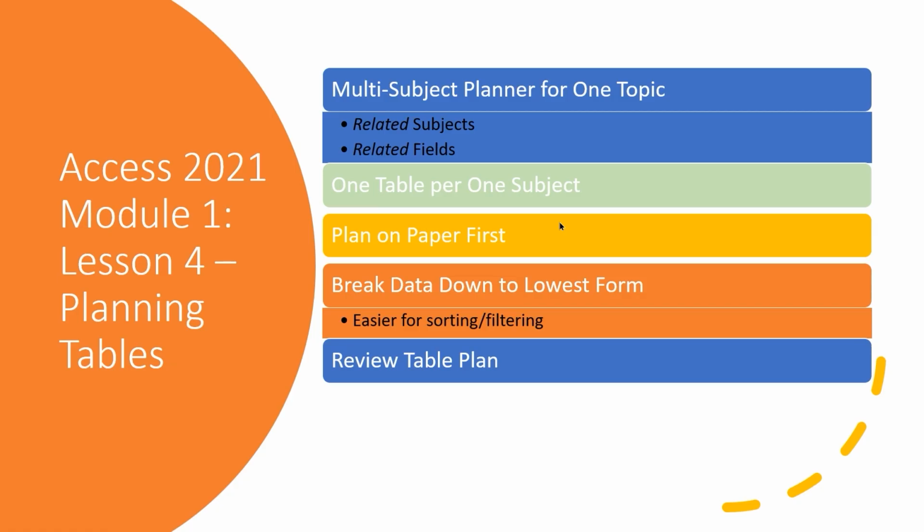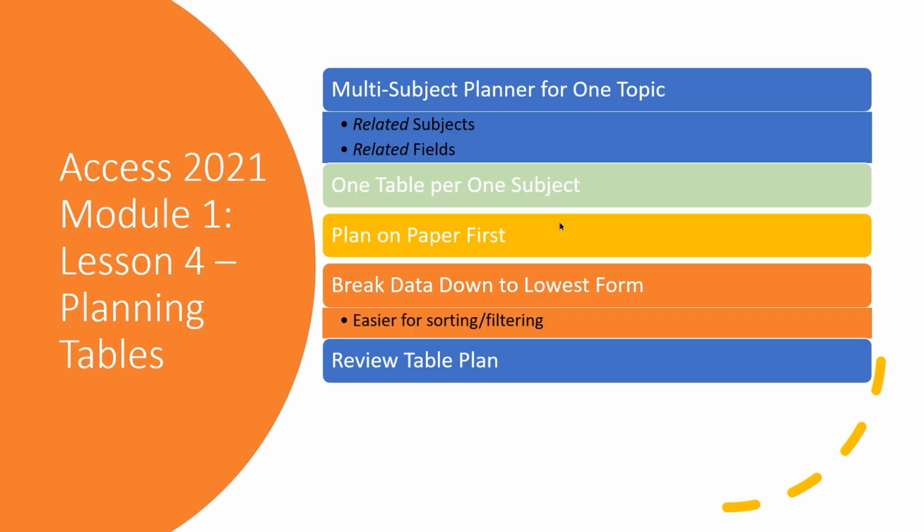And then you have related subjects, which are the different tables. Each table should cover one topic. So a customers table, an employees table, a products table. And what makes it a relational database is that you have related fields in the tables, and you'll use the Relationships window to create the relationships for your database tables.